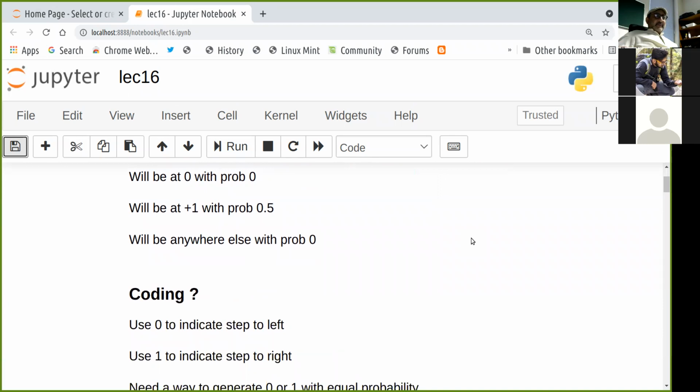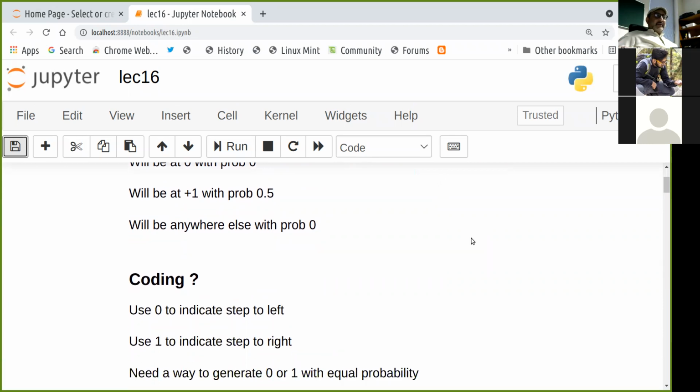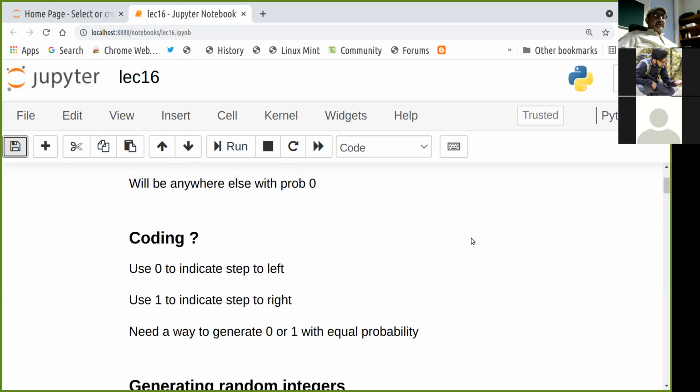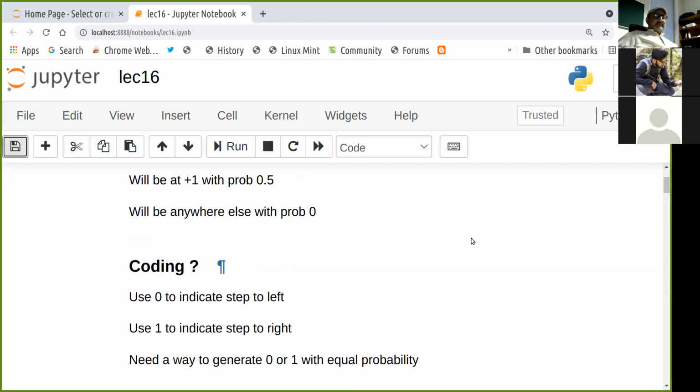All right, so we're going to think about how we're going to code that. If I have two possibilities, moving to the left or moving to the right, I could use 0 to mean that I'm going to move to the left, and I could use 1 to mean I'm going to move to the right. And I have to generate these possibilities randomly, with equal probability.